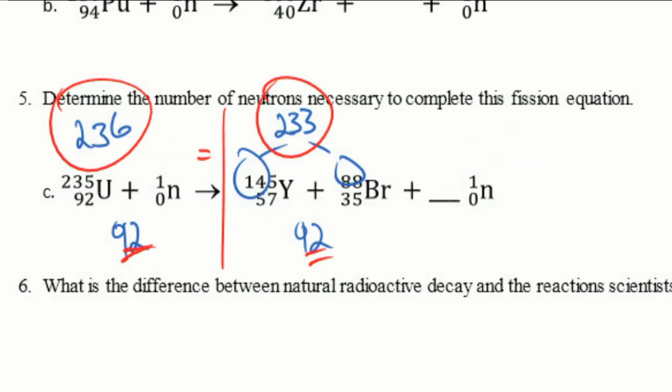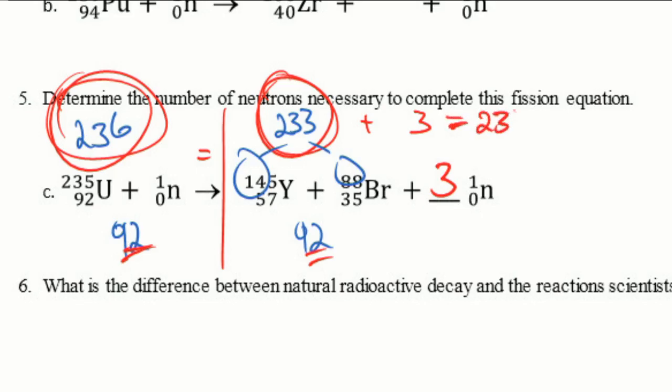But on the top, I'm starting with 236 and I'm ending with 233. So I need an extra 3 of these neutrons, but I can't change this 1 to a 3 because that's not a neutron anymore. That's just 3 neutrons joined together. So all I can do is add a coefficient in front. So if I put a 3 in here, I'm going to have 233 plus another 3 is equal to 236.